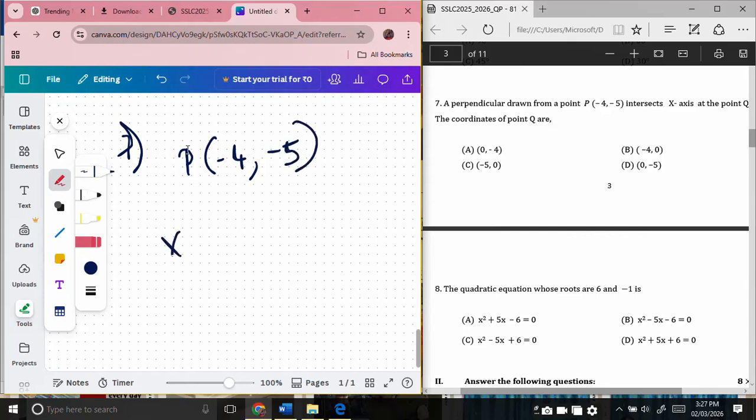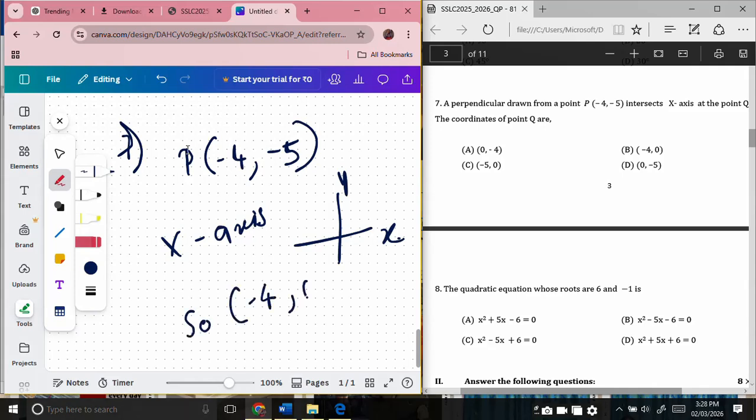It should be drawn to the x-axis. On the x-axis, the y value is always 0. So this is your y-axis and this is your x-axis. So what is going to be the coordinate? -4 and 0.